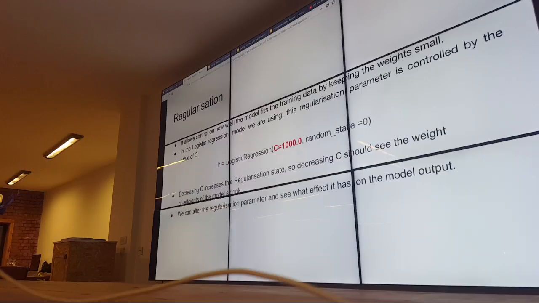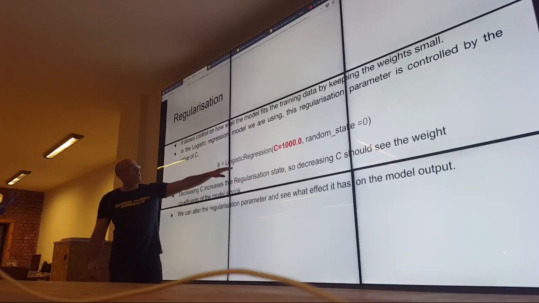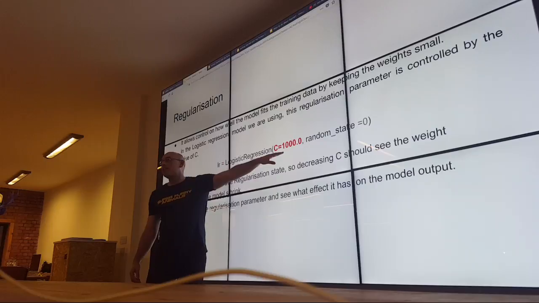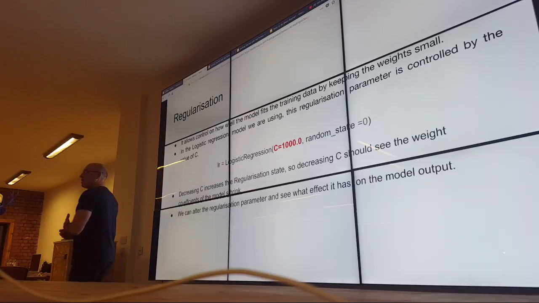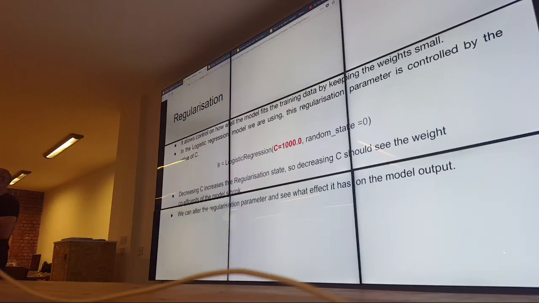Within something like logistic regression in scikit-learn, it's that C value when we set up the values. When we set up the logistic regression object, there's a C value, and that's your regularization parameter. So one of the things you can do, once you've got your algorithm set up, is change that C value and see what happens.